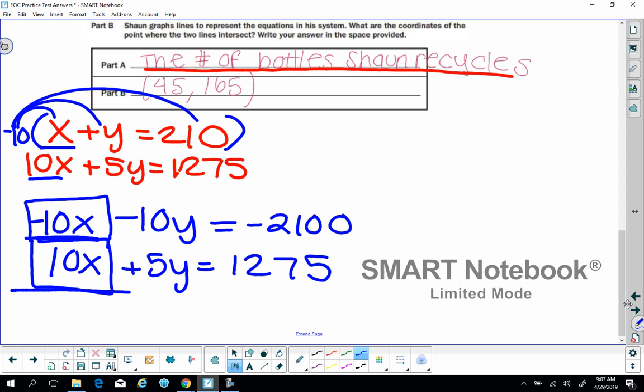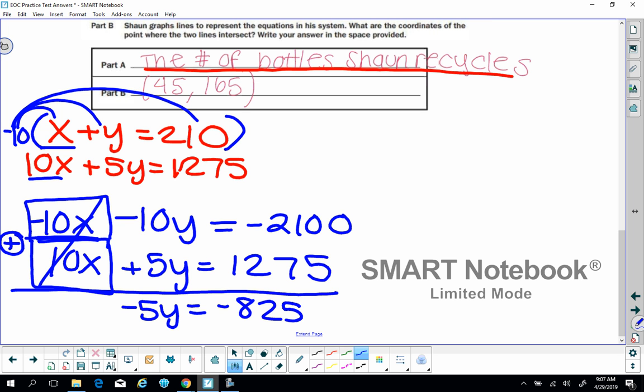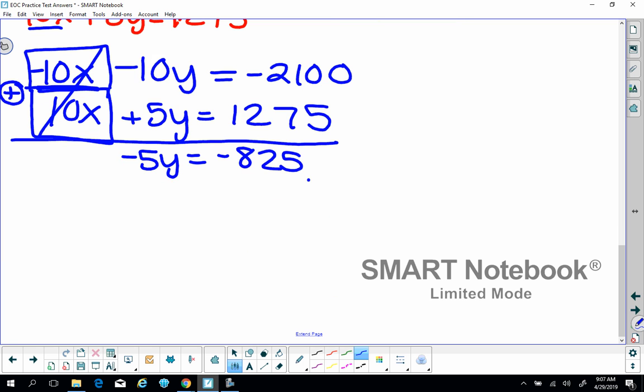Then I know that in order to eliminate my x's, I need to add the two equations together. When I do that, that eliminates this because I get 0. When I add down here, I get -5y. And when I add down there, I get -825. To get y by itself, I divide by -5.